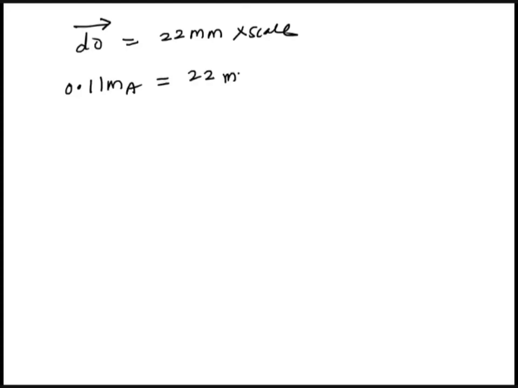After measuring, let us say vector DO is equal to 22 mm multiplied by the scale. So 0.11 MA is equal to 22 mm into 0.05, that is the scale. From this I am getting mass MA is equal to 10 kg.